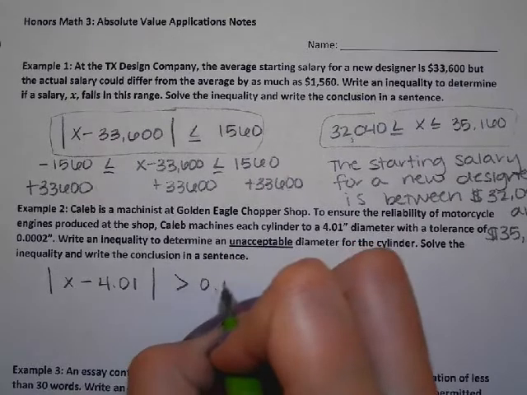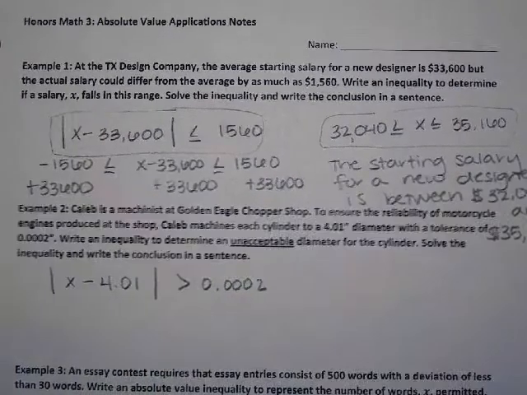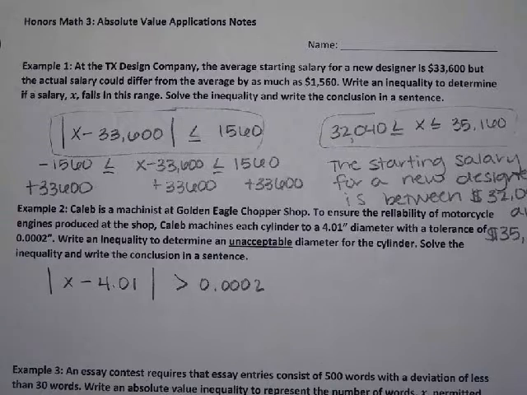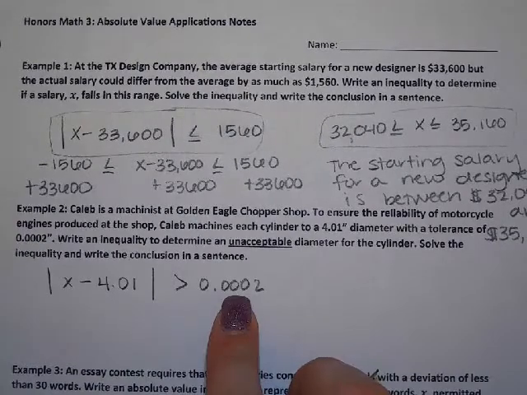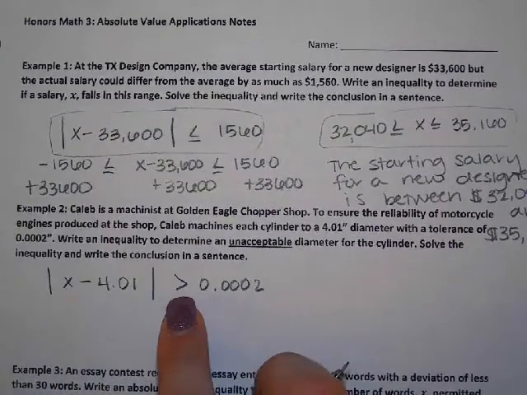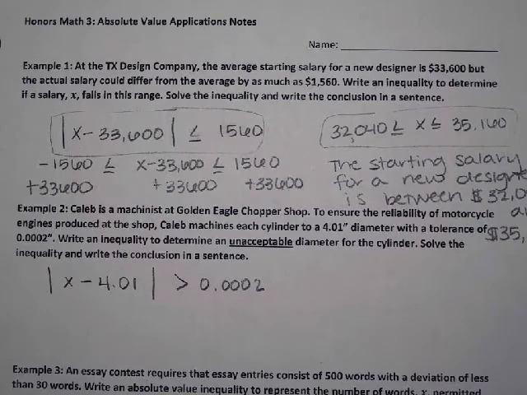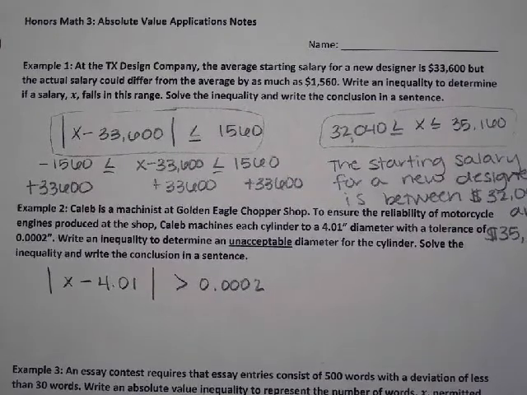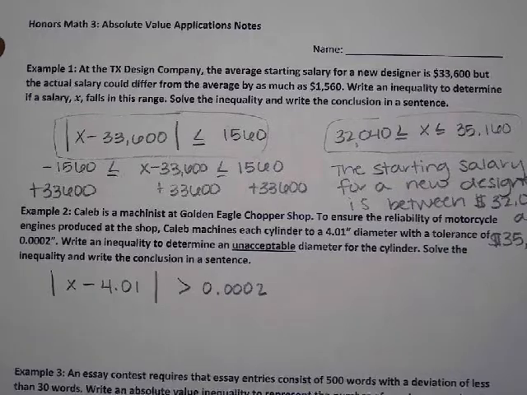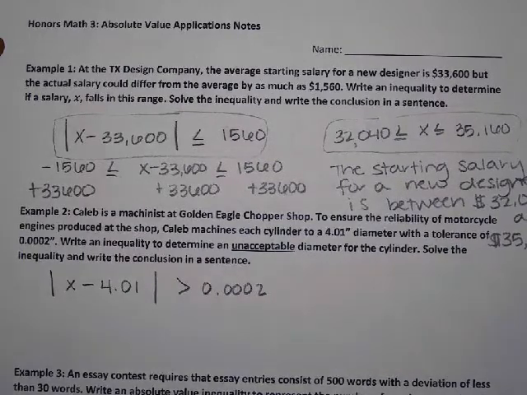I've got 0.0002. We are doing what is not acceptable. Is it acceptable to have this exactly? Yes, so you could have that, which means since we are doing what is not acceptable, we are not going to put the equal to. Does that make sense? Okay. So these are the answers that we cannot have. Okay, so that was important.